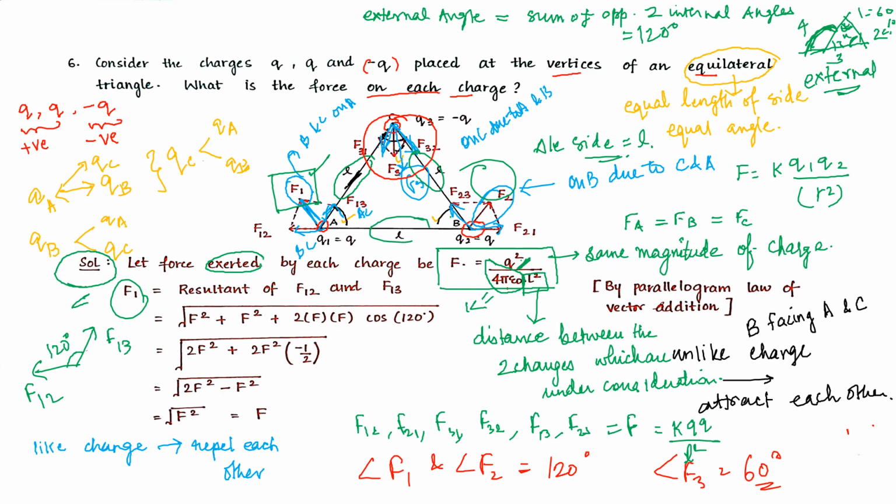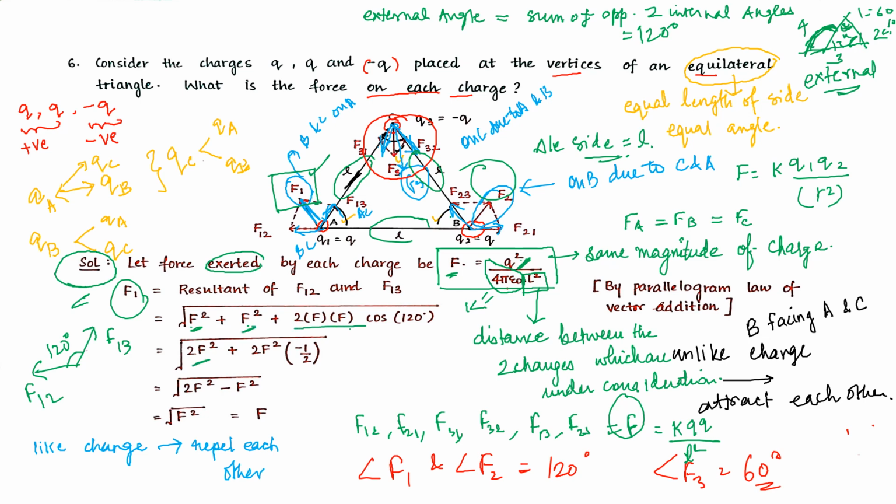See, we have taken all these forces as F. So this will be F1 square plus F2 square plus 2 F1 F2 into cos 120 degrees. Now this F1 square plus F2 square will add up to make 2F square.